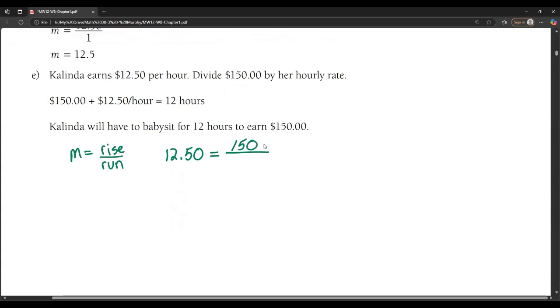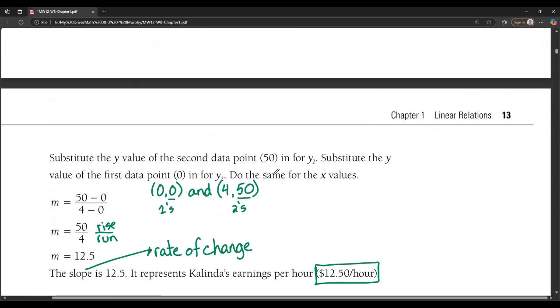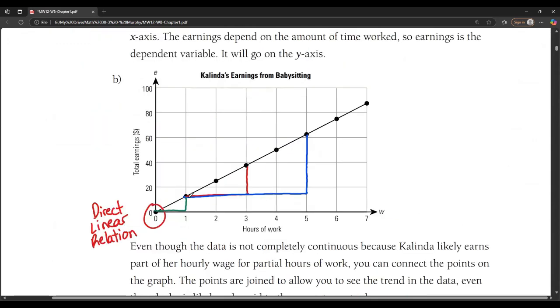How much money do you make? And on the bottom is the run, which is time. And if you get confused about where to put the 150 and the run, just go back to your graph and notice that the run, or the horizontal, is the time, and the rise is your income.